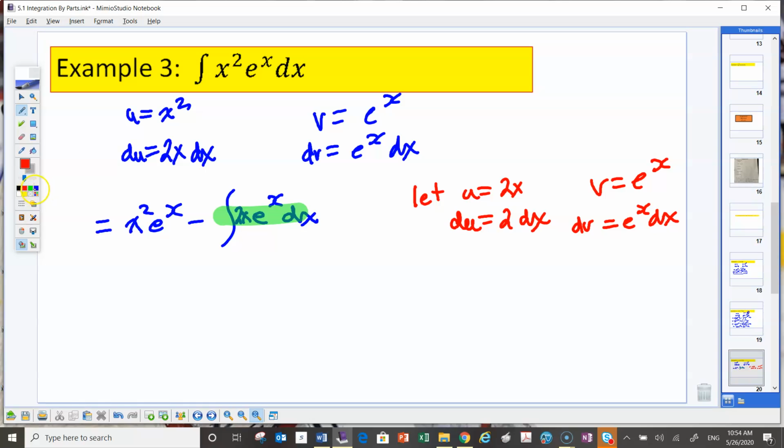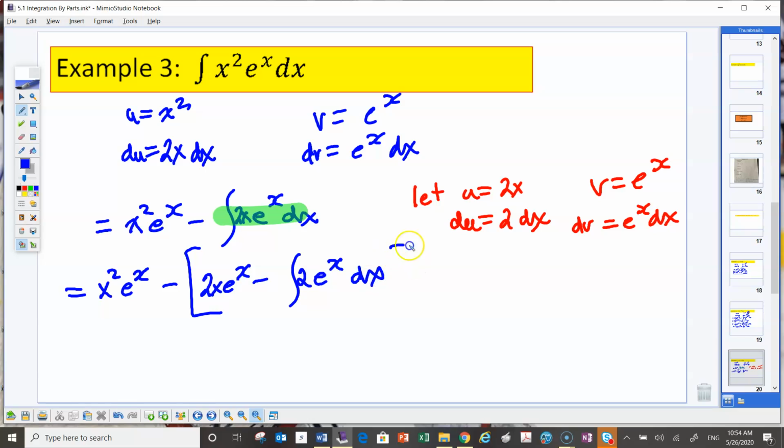So now, when I get back to my question, I have x squared times e to the x minus, now I have to do integration by parts again to what's highlighted in green there, so u times v is going to be 2x e to the x minus the integral of v, which is e to the x, du, which is going to be 2 dx.